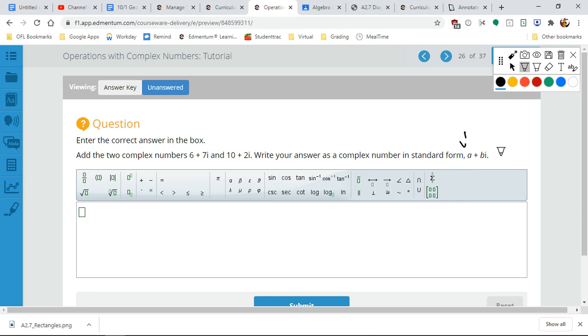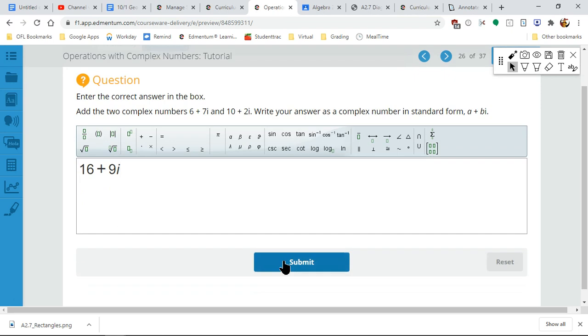So always put your real first and then your imaginary number second. So if we're doing this, we're going to add these two complex numbers. We would get 16 plus 9i. Perfect.